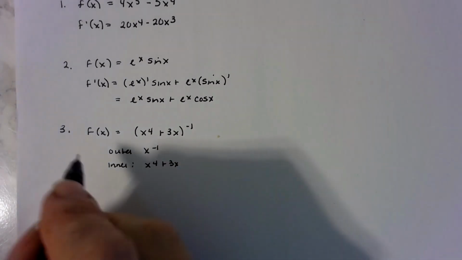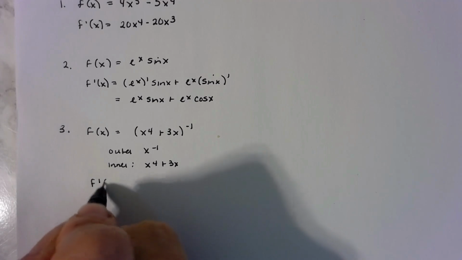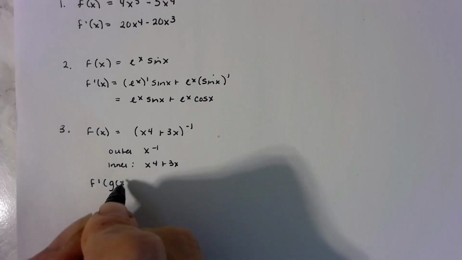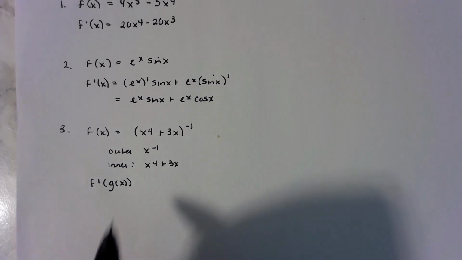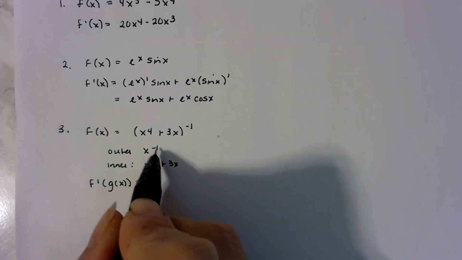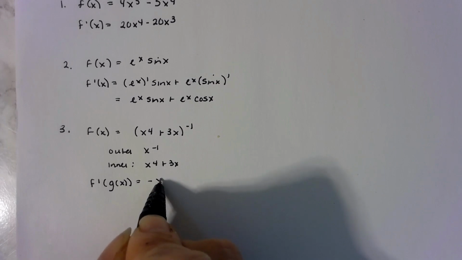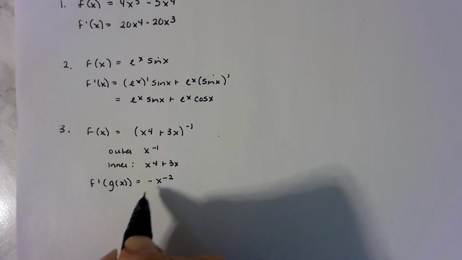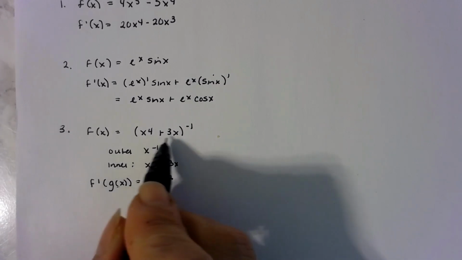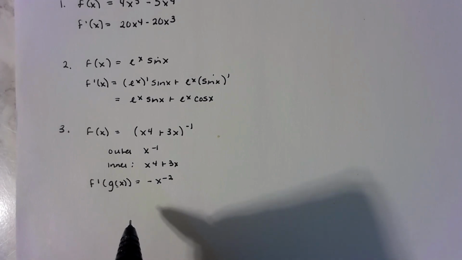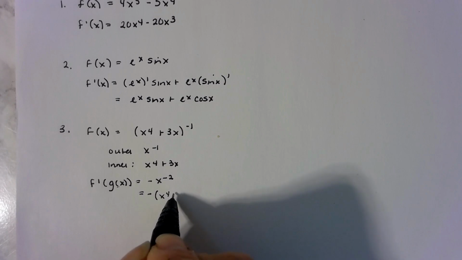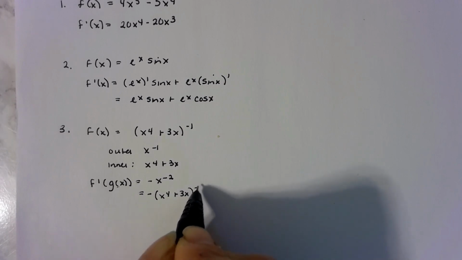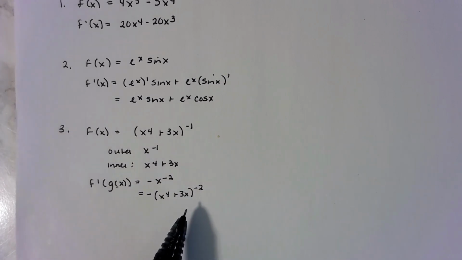Remember, chain rule says take the derivative of the outer and recompose it with the inner function. So the derivative of this outer function is negative x to the minus 2, but I have to plug in the stuff that was already inside, right? So I'd rewrite this as negative x to the 4th plus 3x to the negative 2. That's f prime of g of x.